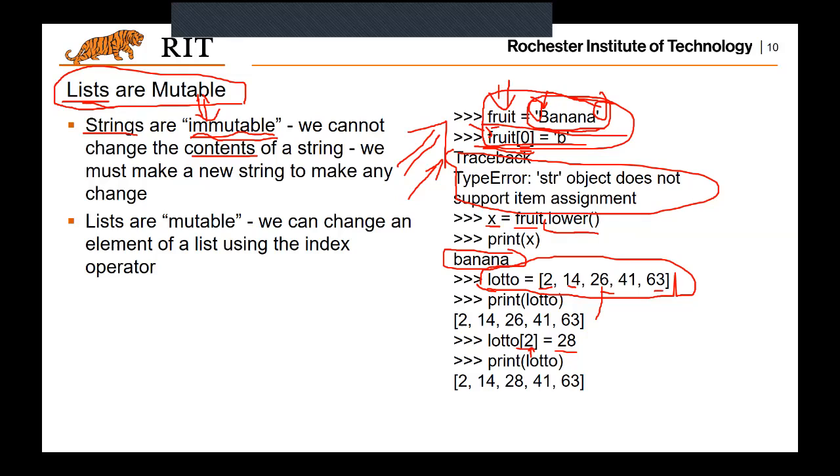Basically, the original is 26, and you want to change it to 28. After that, you just print it out, and no error is displayed. And you do have a new value at the third place of this list. So that means for a list, you can change elements using the index operator. So that's a very important difference.